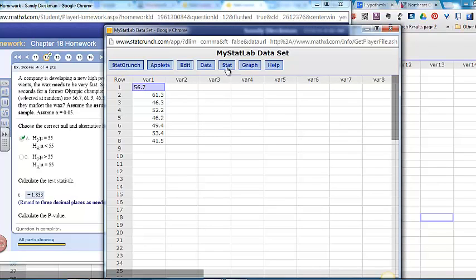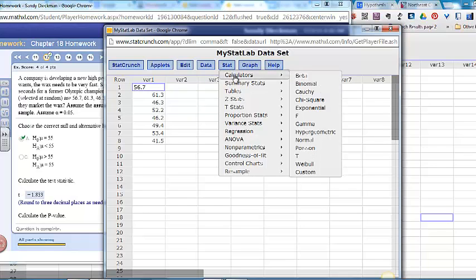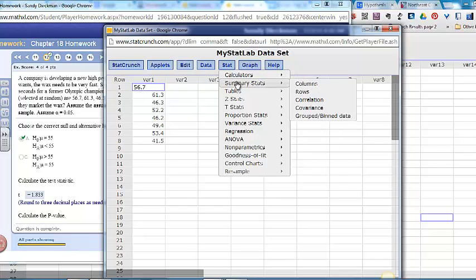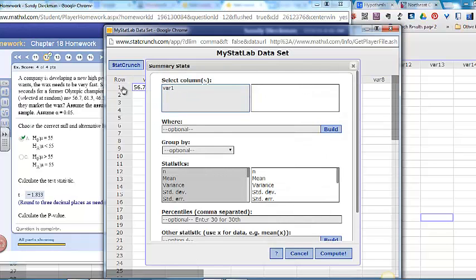If I want to calculate the mean and the standard deviation, I go to summary stats, then columns, and pick my column, which was labeled variable 1.